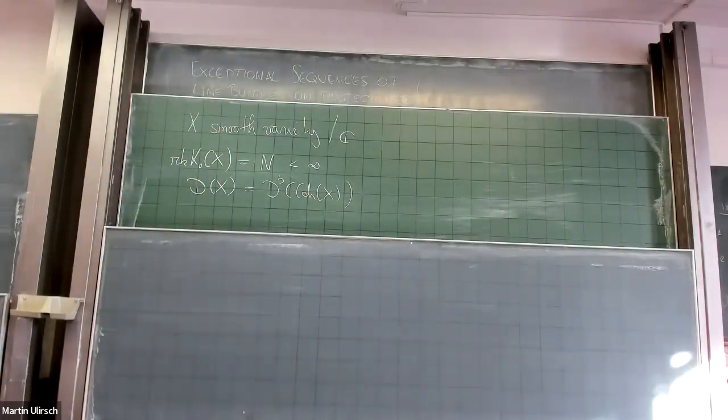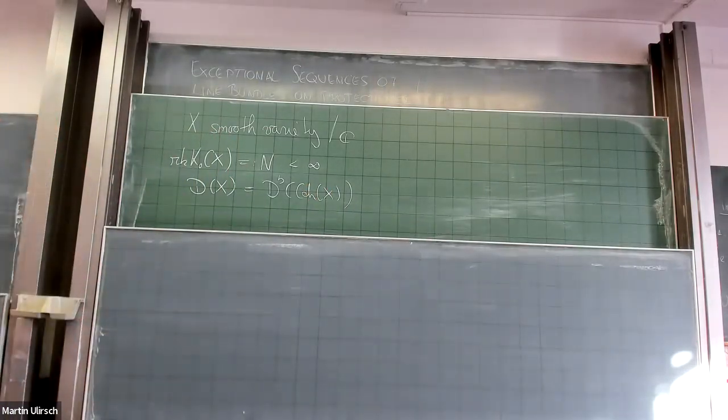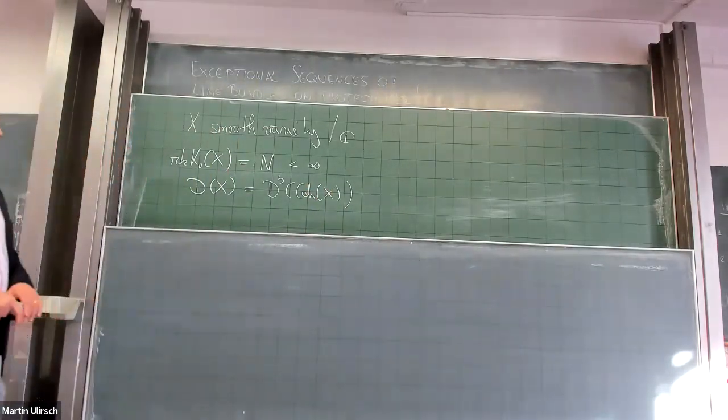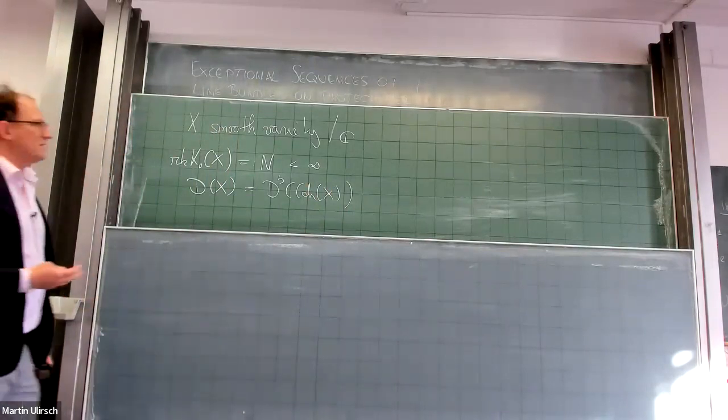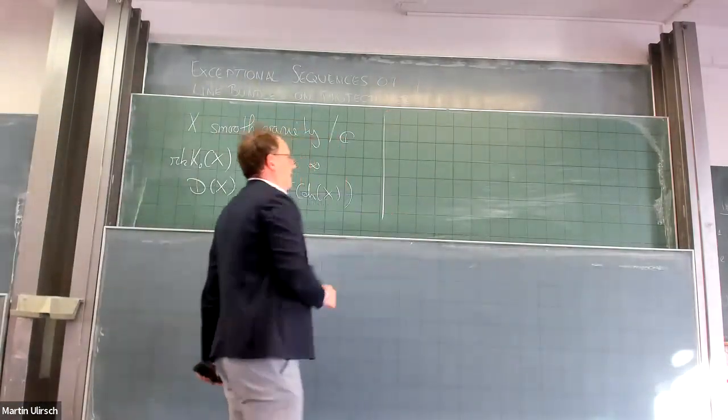So the derived category is an interesting invariant. Sometimes it tells you everything about the underlying geometry, sometimes it doesn't. But I'm not a derived category person, so I won't talk too much about that. But I will give you some essential definitions in order to put that in context.